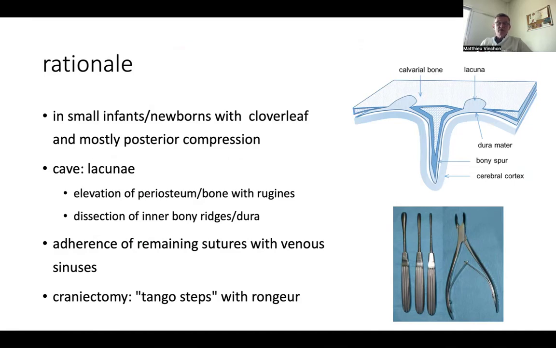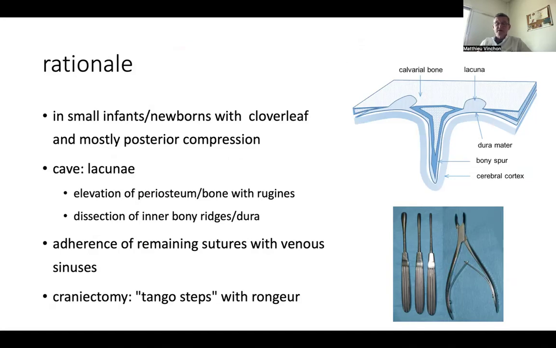We have to be very wary of the lacunae in the bone. So we have to carefully elevate the periosteum from the bone with a raspatory, and then dissect the inner bony ridges, which can extend very deep into the cortical sulci. And we have to remove the bone without damaging the dura.